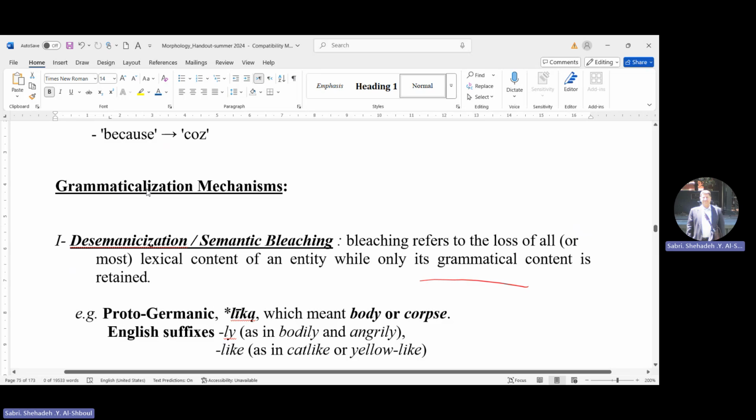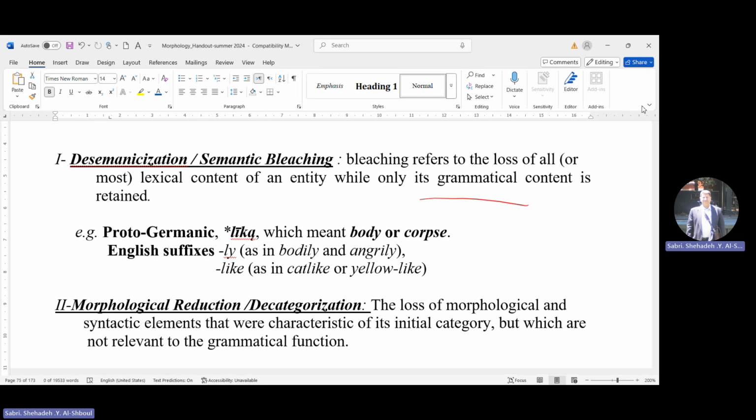So, for example, if we look into the Proto-Germanic example, lik here, which means body or corpse, right? Here, this form has undergone a kind of desemanticization process in the sense that it no longer indicates body or corpse only. Rather, it has been grammaticalized, and the mechanism of grammaticalization motivates different levels of grammaticalization. Like the first one is li, which is derived from this form lik, as in bodily or angrily.